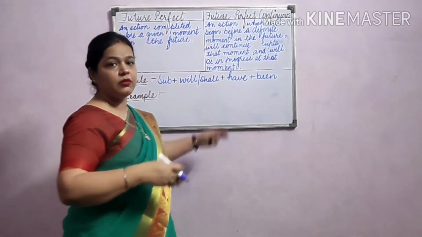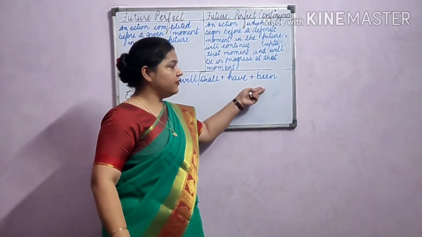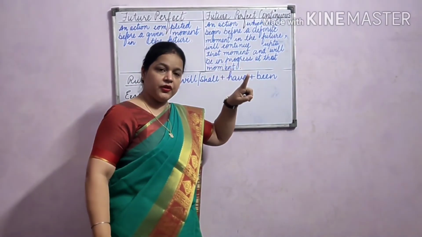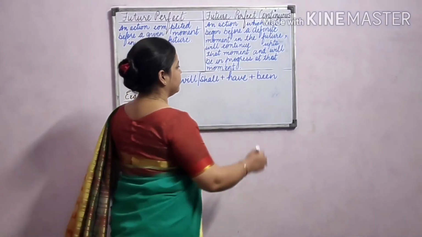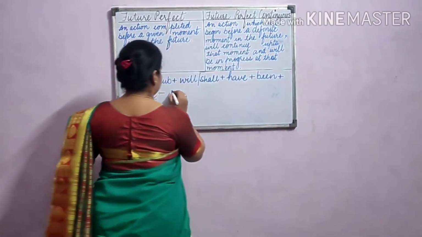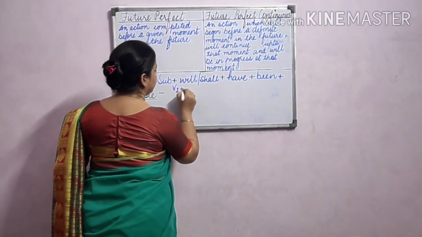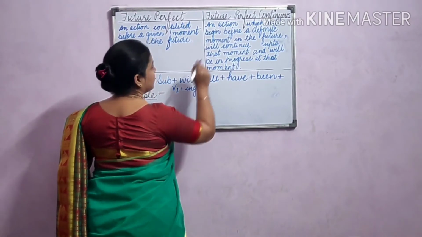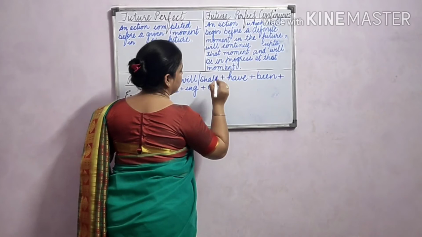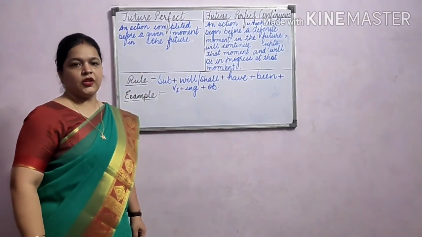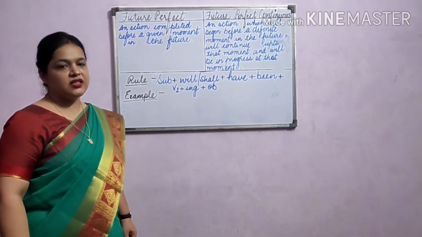You all are acquainted with this term because you have dealt with it in present perfect continuous as well as in past perfect continuous tense. Okay. Verb ing form. Why ing form? Because we have continuous tense, then object. Okay. Most of the times we use since or for also.